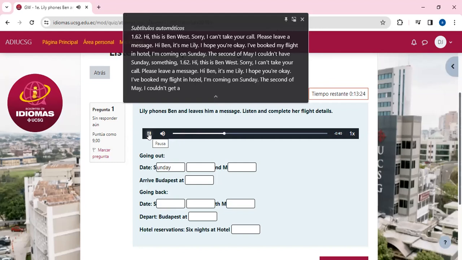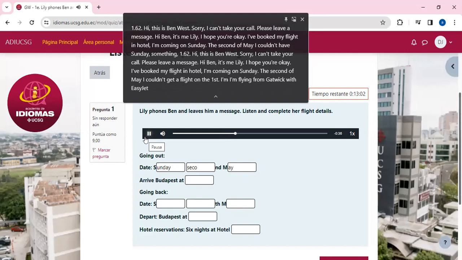I couldn't get a flight on the 1st. I'm flying from Gatwick with EasyJet, and I'm arriving at Budapest Airport at 14:40.